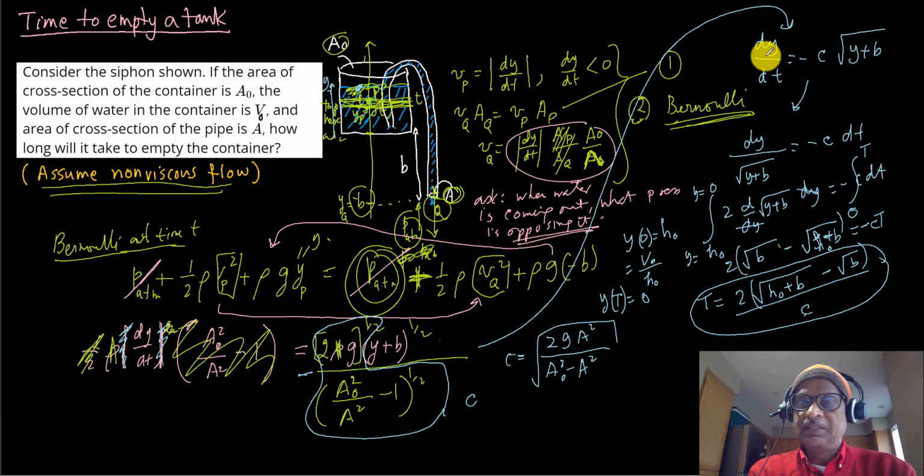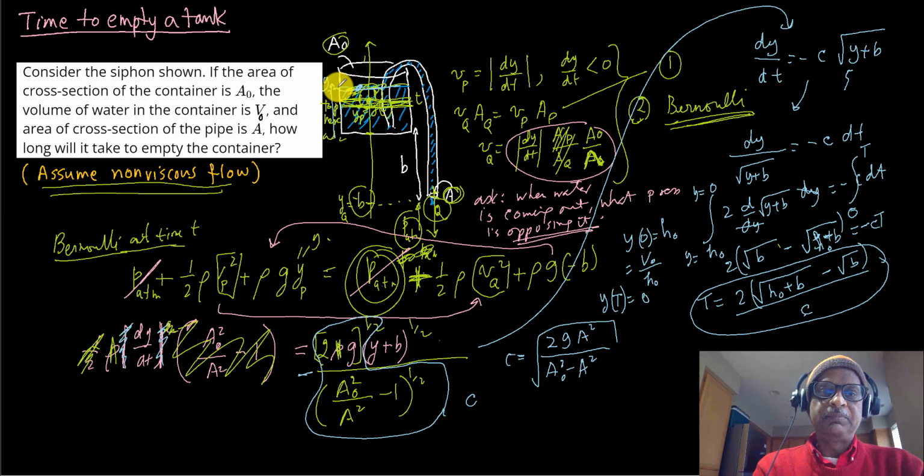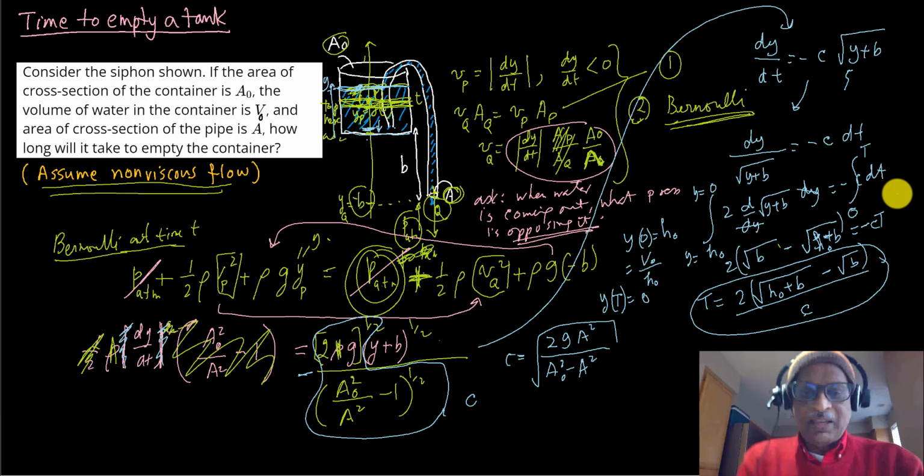And you can see that the rate at which it is flowing is actually not constant. As y is coming down, because y starts from this value and comes down, when y is 0, it doesn't hit the bottom at zero speed. It actually has some speed. Okay, so this is a pretty famous problem.